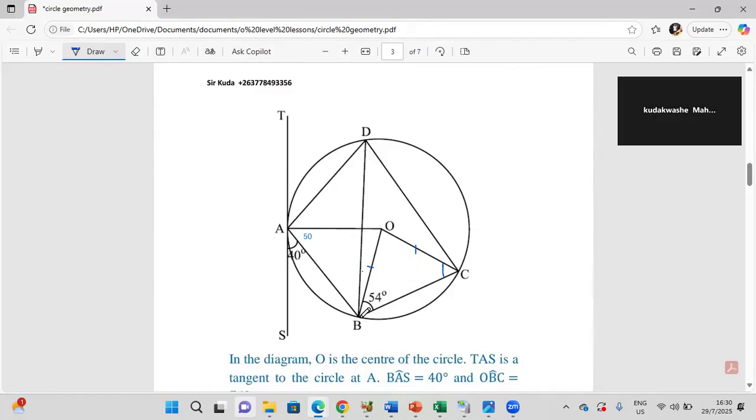So this line from the circumference going to the center, and this one from the circumference going to the center, are radiuses. And radiuses of a circle are the same. They're equal. So if these two lines are equal, even these base angles are also equal. That would be 54.